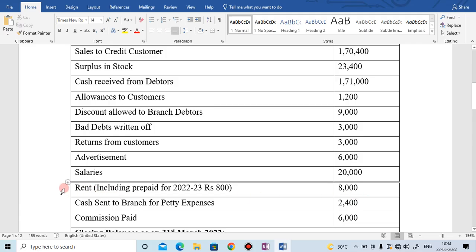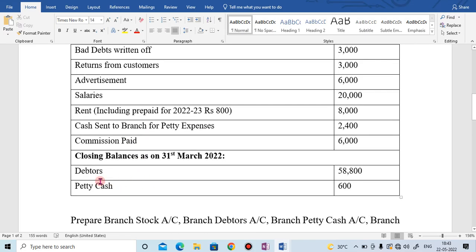So there is an adjustment on rent. Then cash sent to branch for petty expenses, commission paid, and lastly the closing balances as on 31st March 2022 of debtors 58,800 and petty cash 600 rupees.